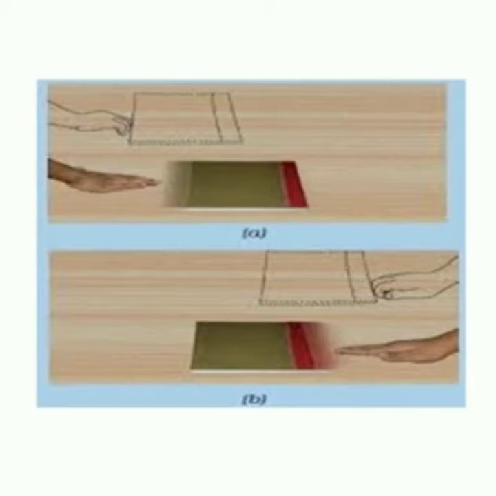If we apply the force along the right, the friction acts along the left direction. In both cases, the force opposes the motion of the book. The force of friction always opposes the applied force. The force of friction acts between the surface of the book and the surface of the table. This force is called the force of friction.